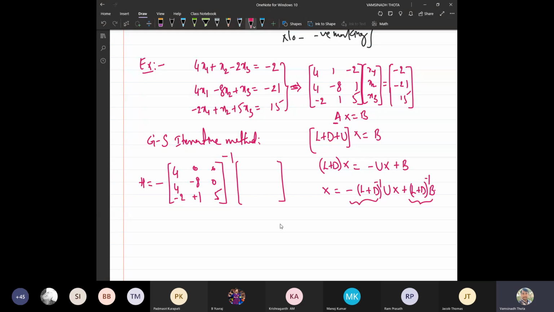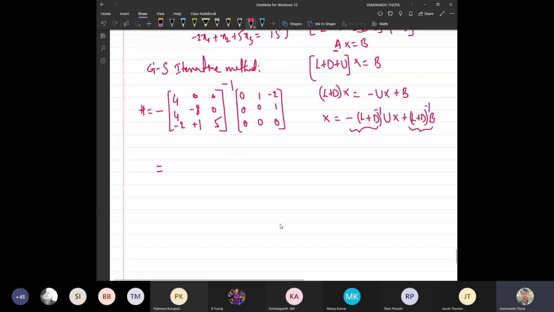What is the upper triangular matrix here? Strictly upper triangle: 0, 0, 0, 1, -2, 1, 0, 0, 0. Can you give me the product matrix?